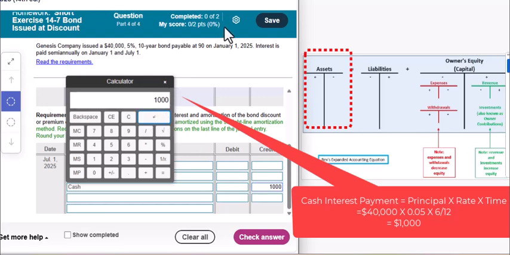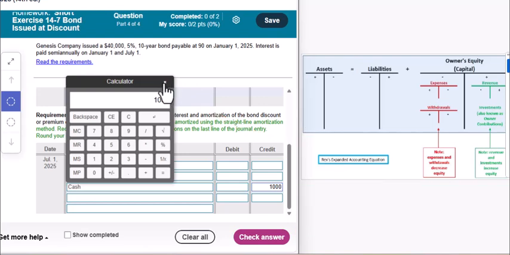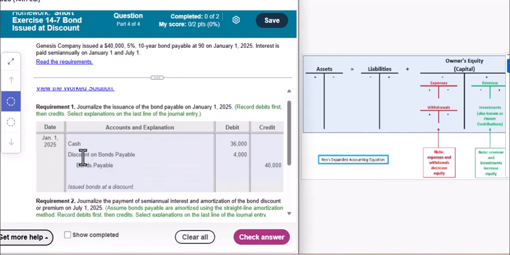and input that there. So notice we have this discount on bonds payable account here with a balance of $4,000. So we have to slowly get rid of this account over the life of the bond. So over these 10 years, we have to slowly lower this account, and lowering or reducing is just called amortized.